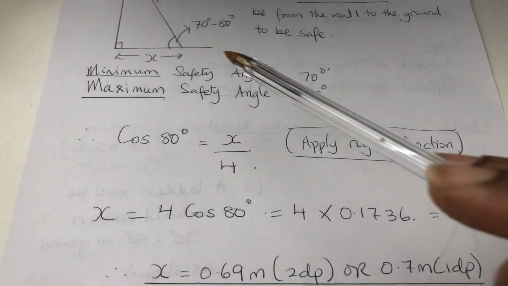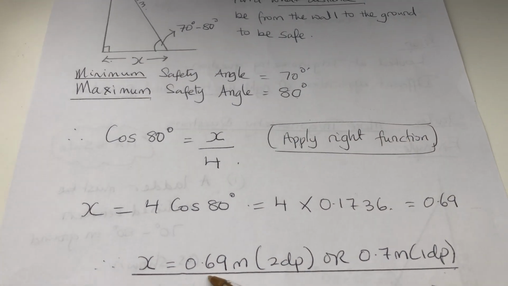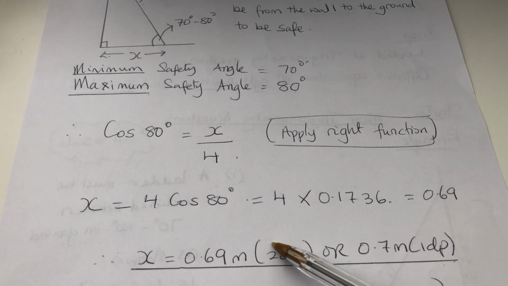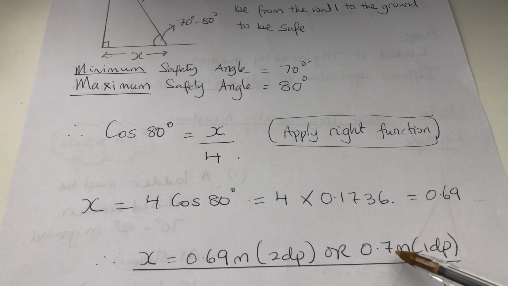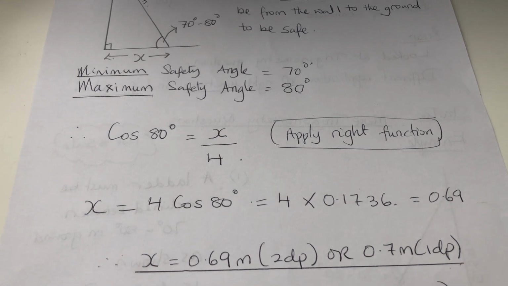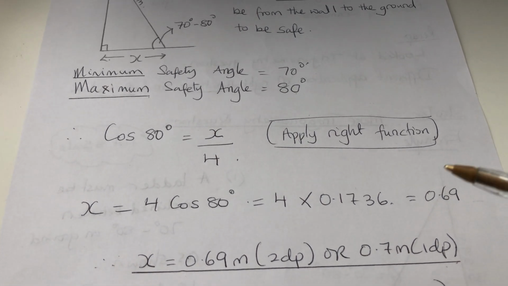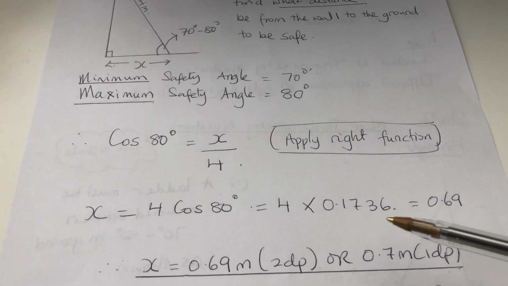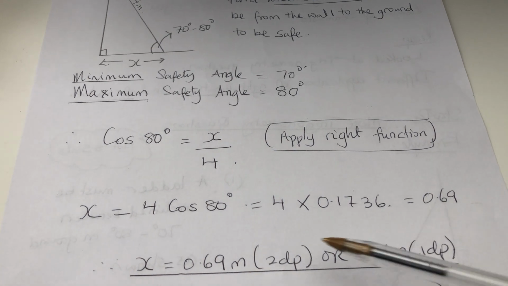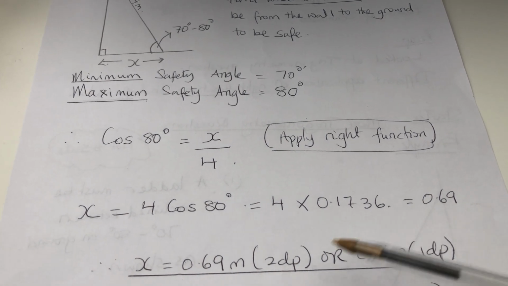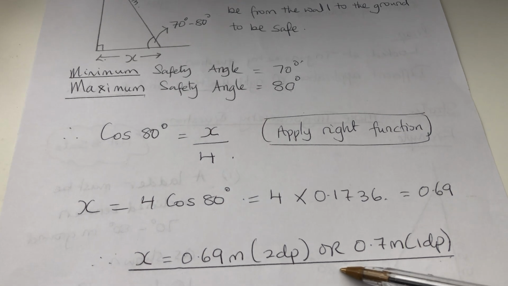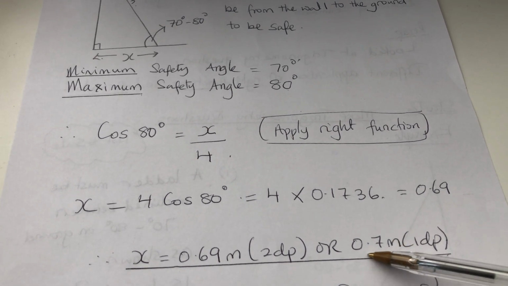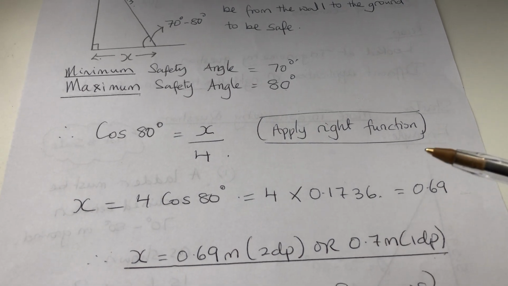Okay, so x here should be 0.69 meters to 2 decimal places, or 0.7 meters to 1 decimal place. If they don't ask you to leave it in any decimal place, any of this is right. But assuming they restrict you, maybe to 1 decimal place, then you go by 0.7.